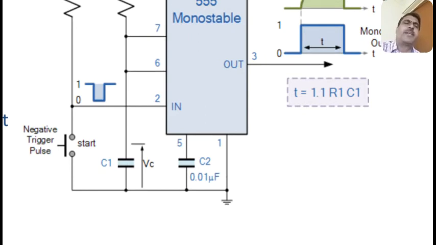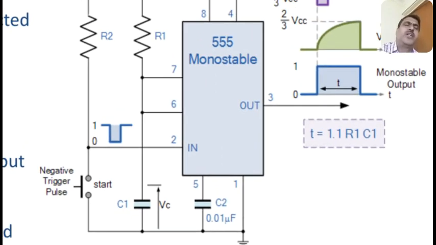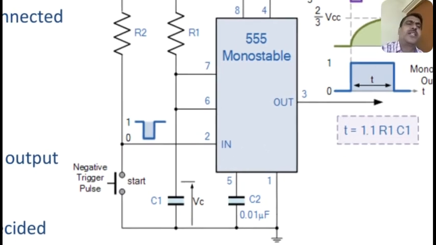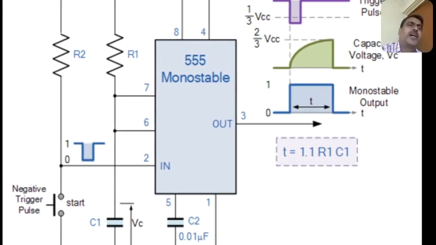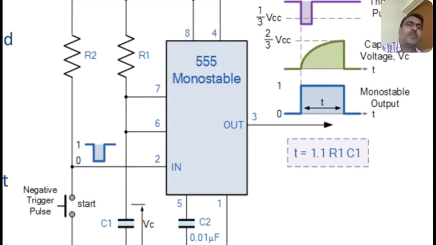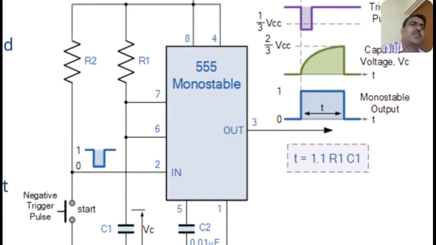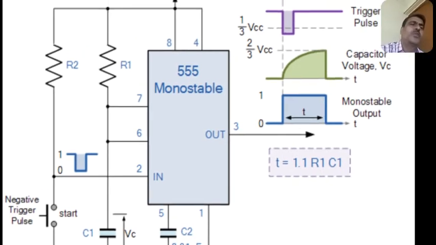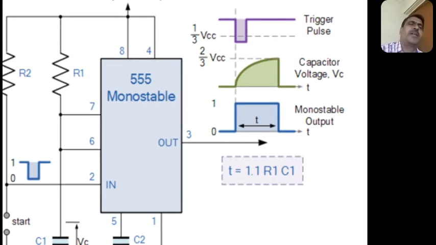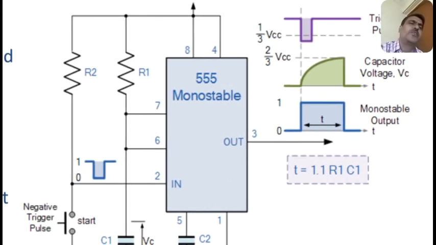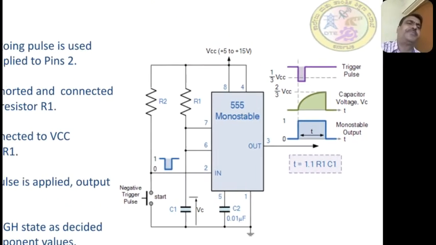The capacitor charges through R1, and how much time it takes to charge up to 2/3 VCC, that is the time period of the high interval of the output pulse. So when the capacitor reaches 2/3 VCC, the output goes again low. So you can see in the waveform, the charging period is the time period during which output is high.